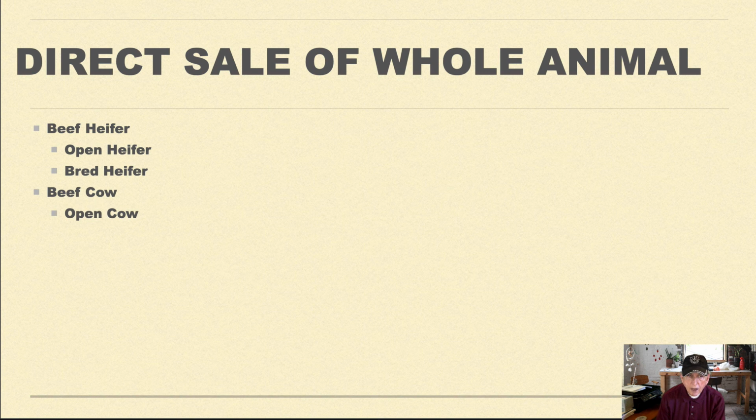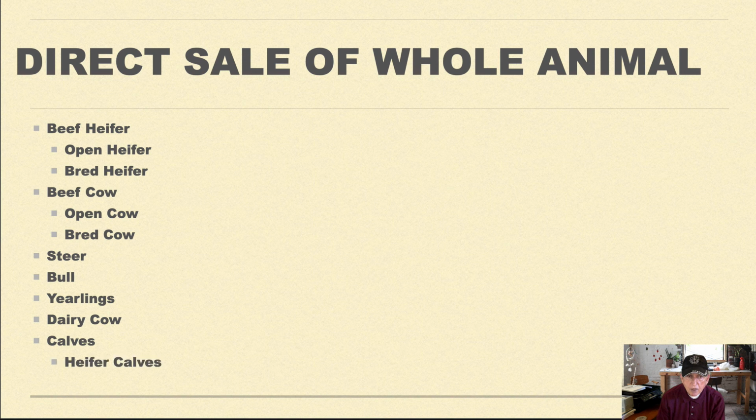Direct sale of whole animal includes beef heifer, an open heifer and a bred heifer, beef cow, an open cow and a bred cow, steer, bull, yearlings, dairy cows, calves, heifer calves, and steer calves.